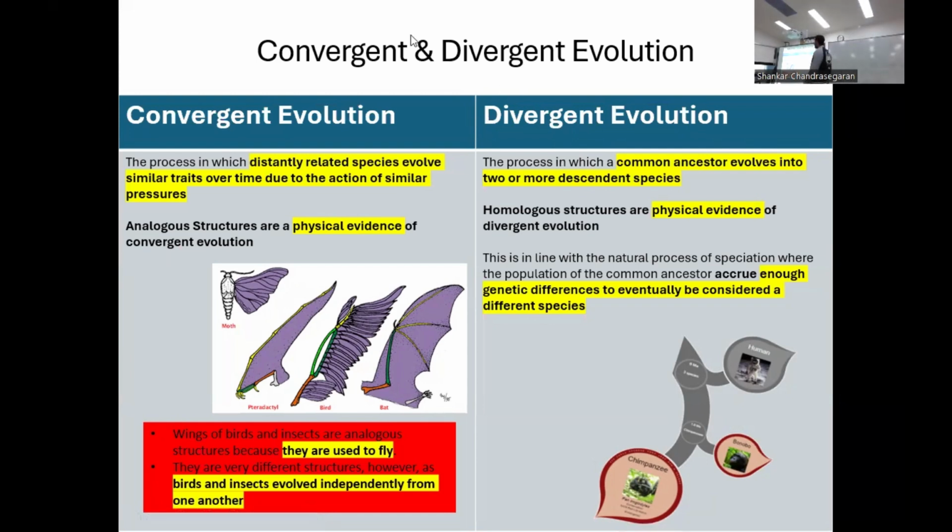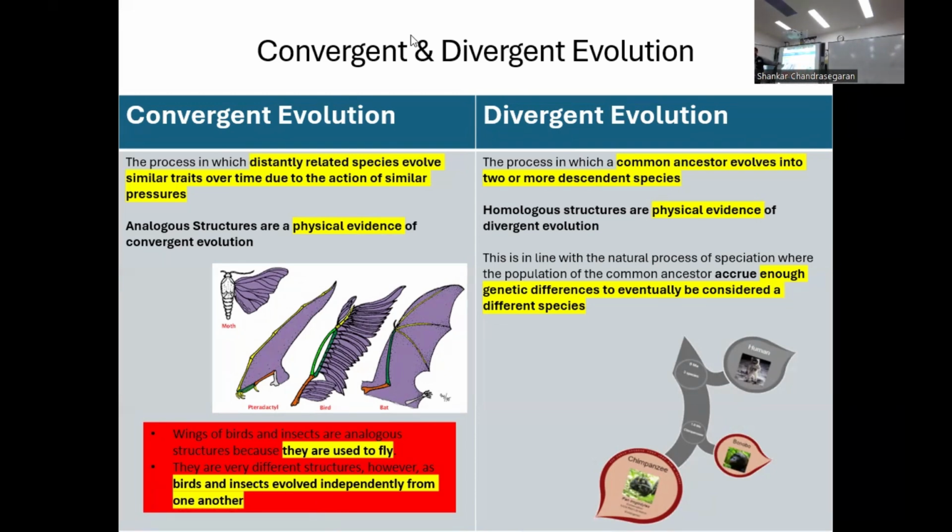Evidence for convergent evolution is the analogous structures that we talked about in the last lesson, right? Where they have structures that serve the same function. Basically, the trait is to provide flight, and all of these different animals have that same trait, but they all evolved it due to similar selection pressures, and they are not related to each other.